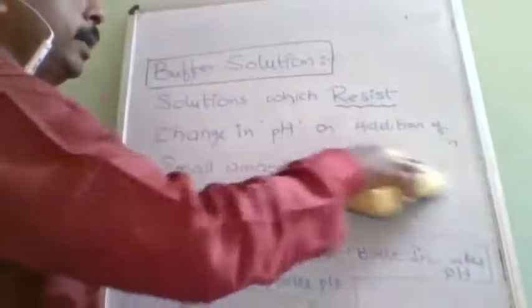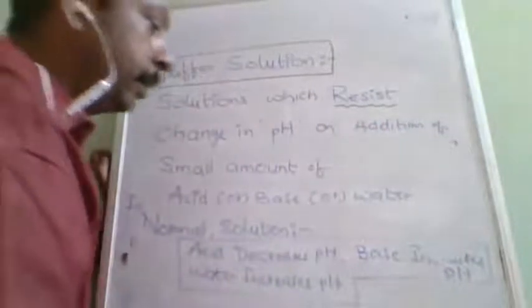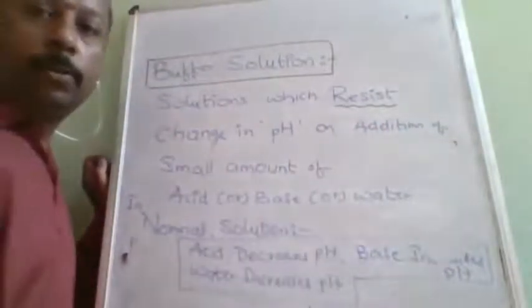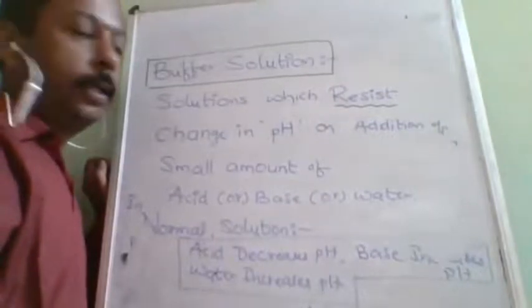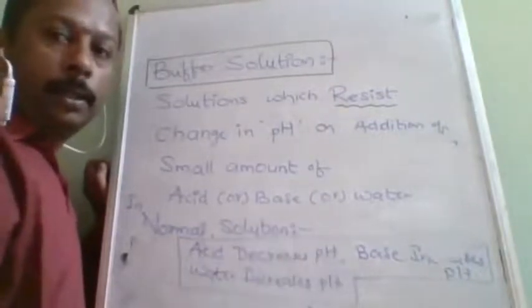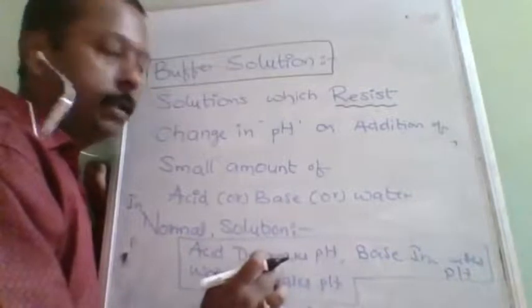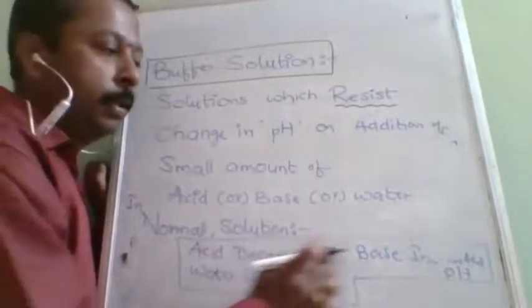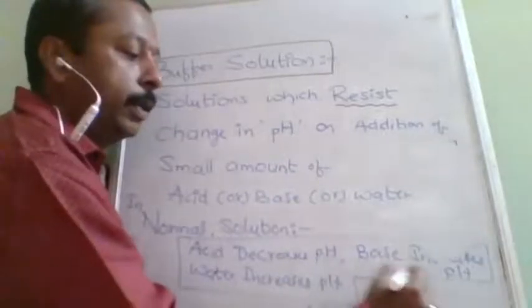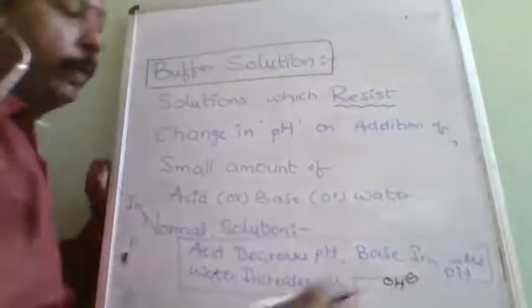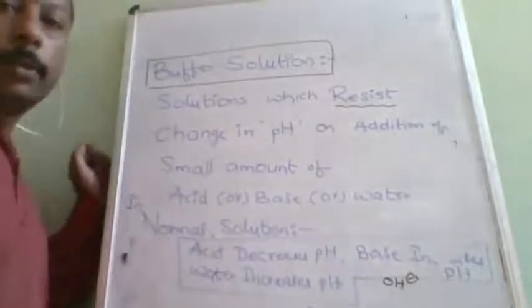I think everybody now understood this misconception. If you understand this for acid, it will be easy for you to apply it to the base also. Once you add acid, you are increasing H plus. When you add base, it means OH minus, so it will go and reduce the H positive.